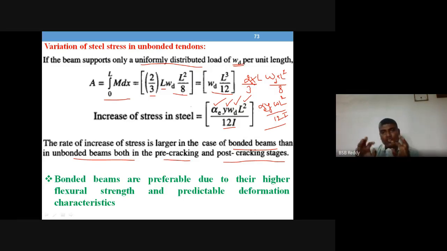Once the cracking starts, that is called the post-cracking stage, and the rest is the pre-cracking stage. So bonded beams are preferable due to their higher flexural strength and predictable deformation characteristics.